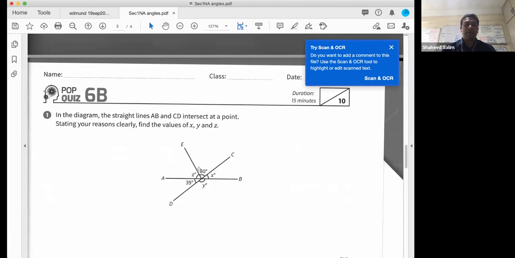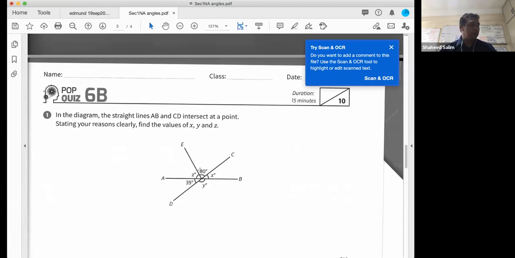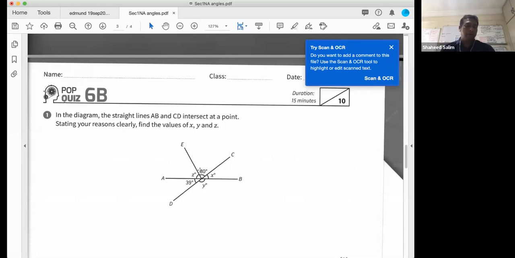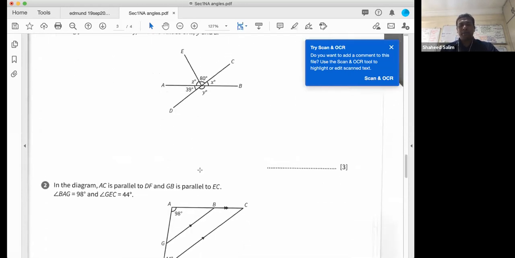What about the value of x? Have you done this one? 39. Well done. Opposite. What about y? 41. Good. And what about z? 61. No, we are having no problem like that, no? No one will believe we have problems at P6.